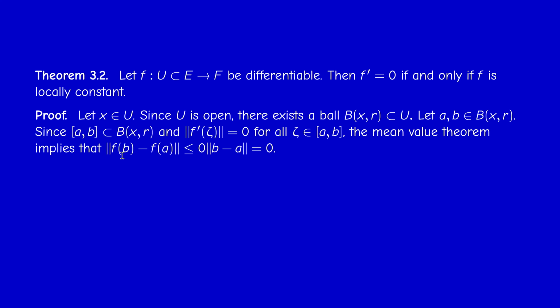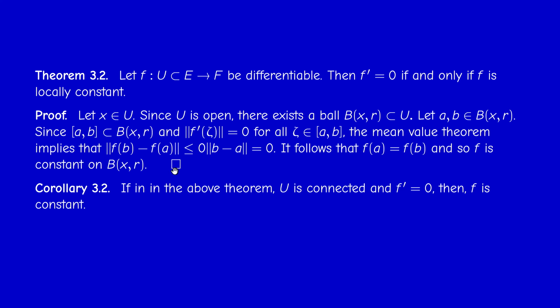Since the ball is convex, we can apply the mean value theorem version 3.1. So we can write the norm of f of b minus f of a is less or equal than the maximum of the derivative, which is 0, times the norm of b minus a. So it's 0. And therefore f of b equals f of a, and therefore f is constant on B(x,r).